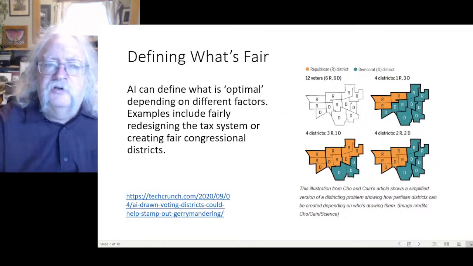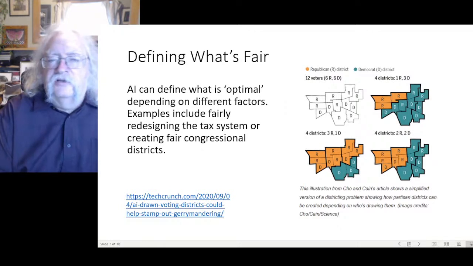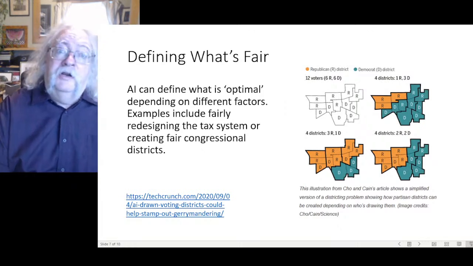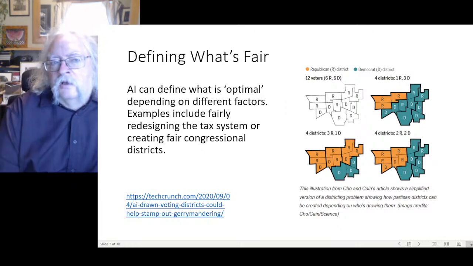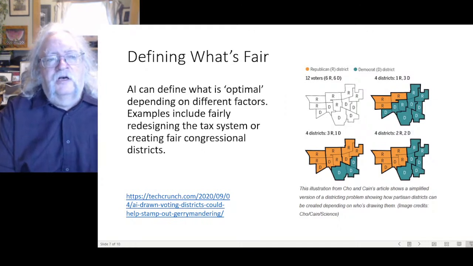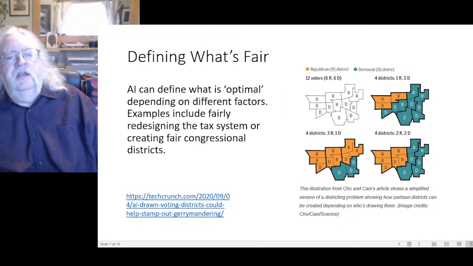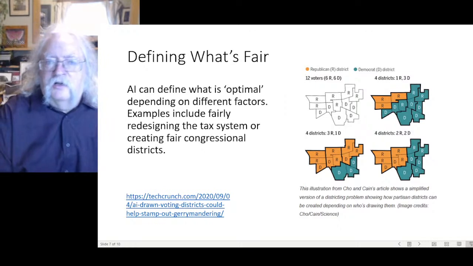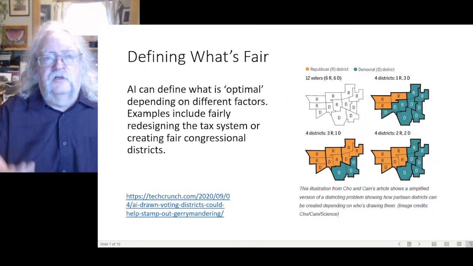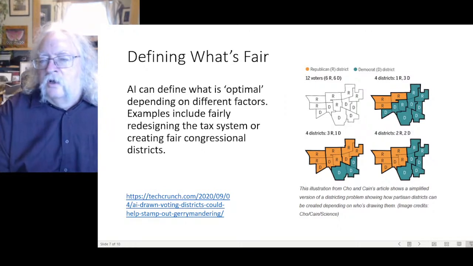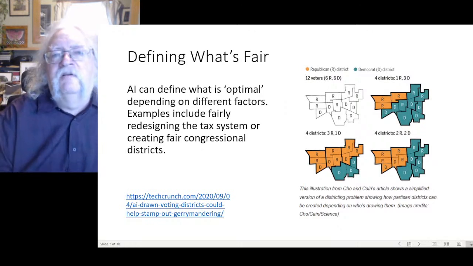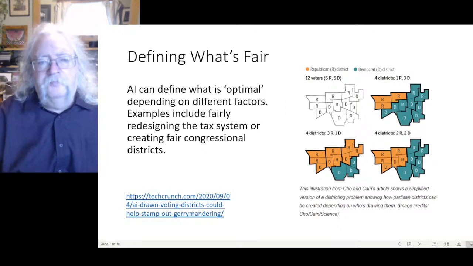Hard for us to do, hard for an AI to do, but arguably they already do it better than humans. We could see this sort of approach used in other areas. I saw, for example, recently a system that is redesigning the tax system along similar lines, using an artificial intelligence to determine what sort of tax system would be fair for people.